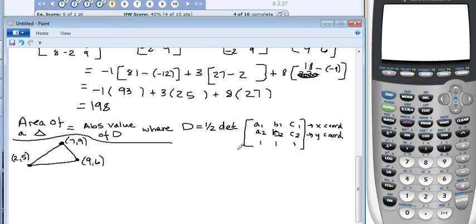So I'm going to put these in. These are all my x coordinates. I'm going to go clockwise. Let's just get the matrices first. I'm just going to randomly start at this point. All my x coordinates going clockwise: 2, 7, 9. Then I'm going to put all my y coordinates in on this row.